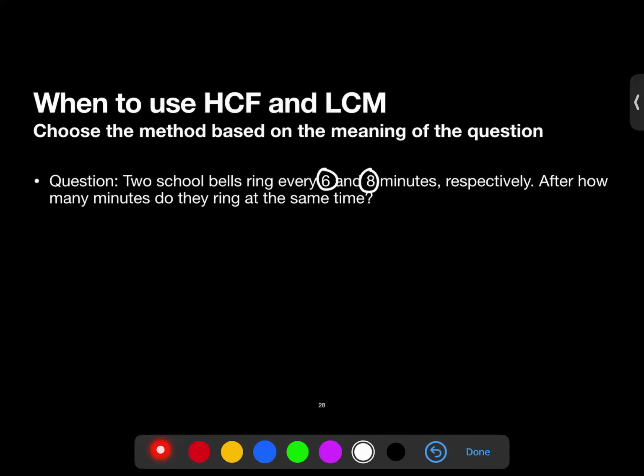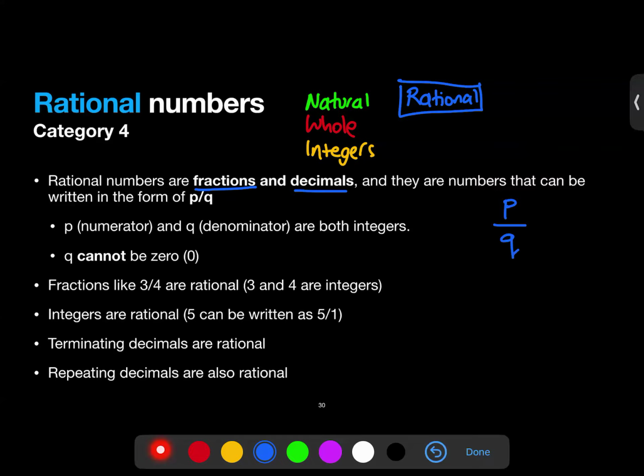Have you all heard about fractions, correct? Good. So rational numbers can be written in the form of P over Q. And these are any 2 numbers. So just imagine any 2 numbers in place of P and Q.